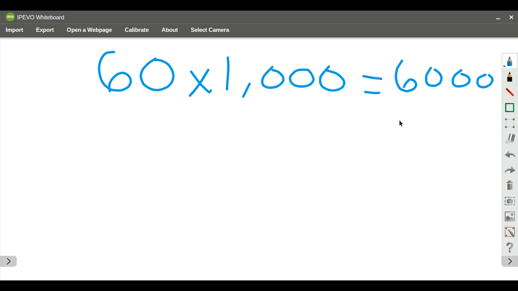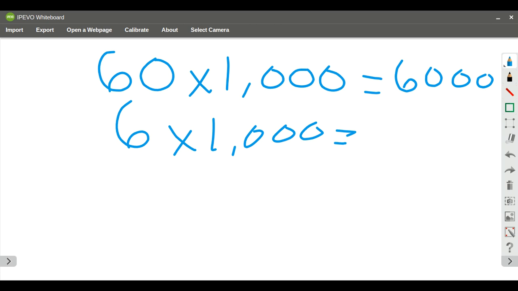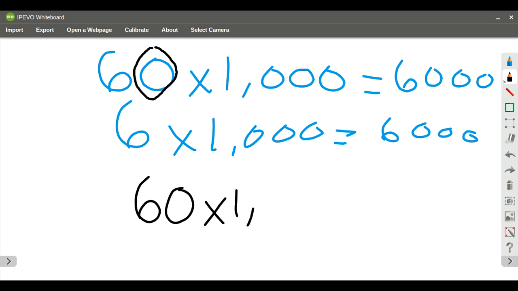No, it's not. In order for it to be 6,000, it would have had to have been 6 times 1,000, because then I can add my 3 zeros after. But because I had this 0 right here, I need to make sure that when I have a 0 as my last digit, I include that in my number of zeros. So I have 60 times 1,000.